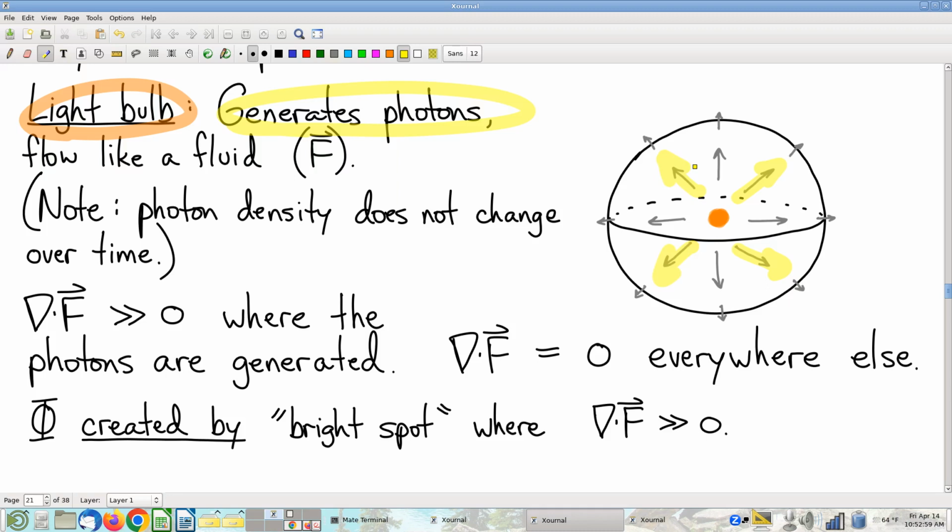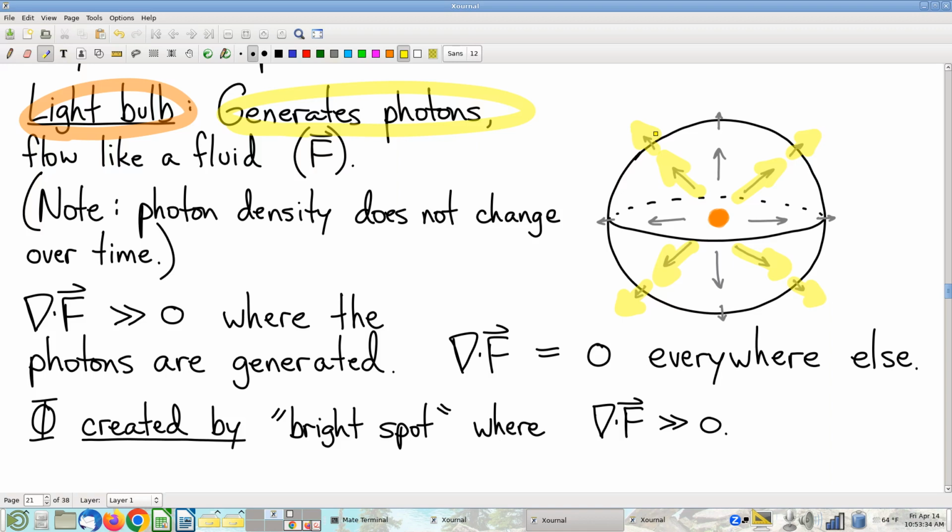All right. Now let's talk about the picture a little bit, though. Yeah, sure, they're flying out at the light bulb, but they always go the same speed. Famous fact of relativity. So why are these arrows smaller? The further you go out, I have my arrows getting shorter. Are the photons slowing down? No. Keep in mind, one of our primary ways to represent fluid flows is not just with velocity, but velocity times density.